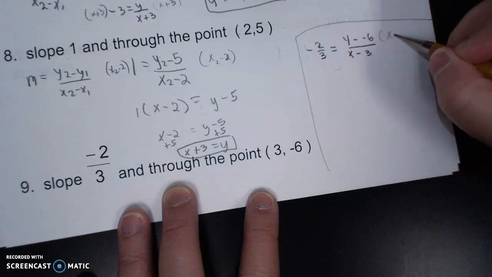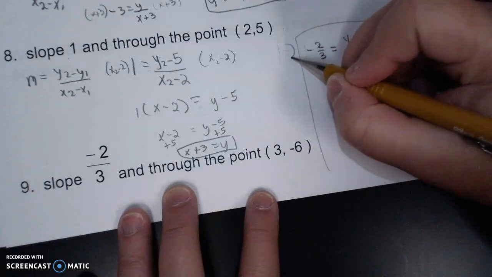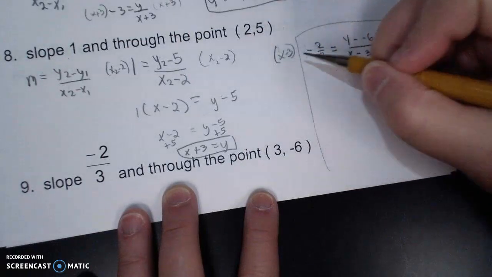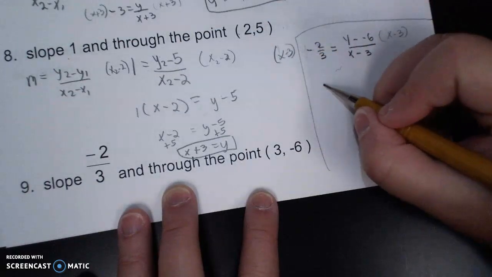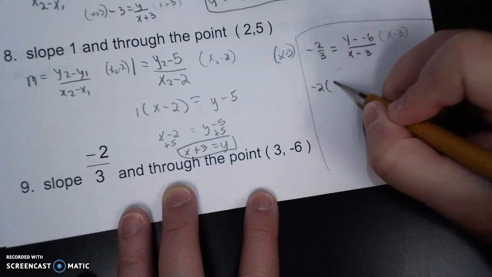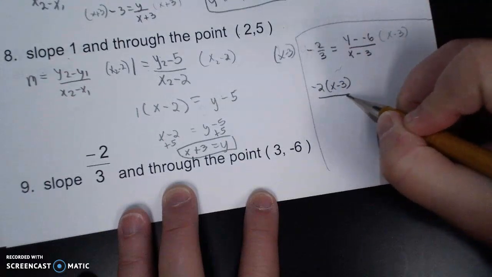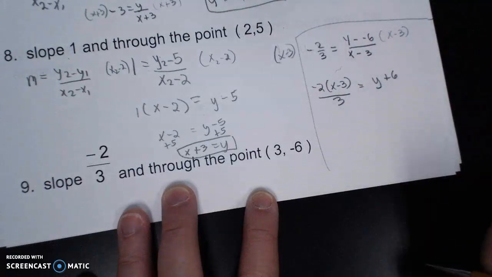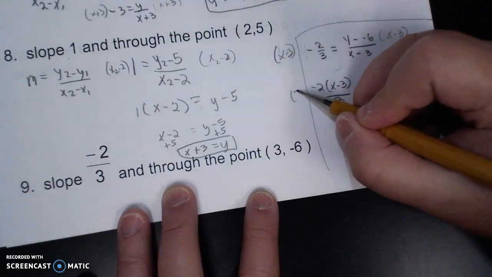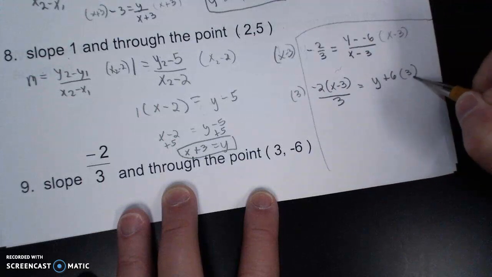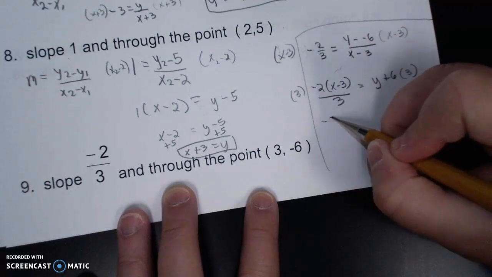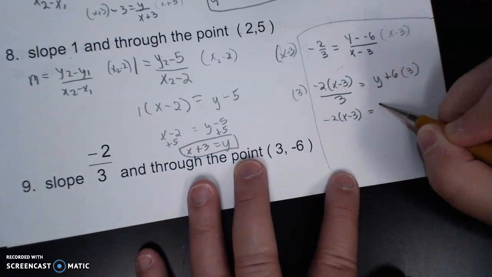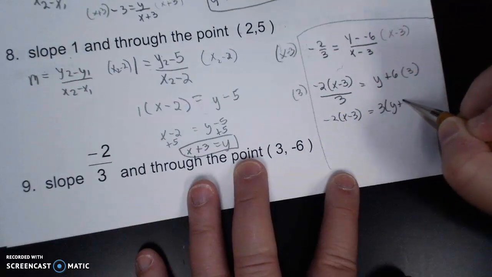Multiplying this side by x minus 3, multiplying this side by x minus 3, I get negative 2 times x minus 3 over 3 equals y plus 6. Multiply this side by the denominator. I get negative 2 times x minus 3 equals 3 times y plus 6.